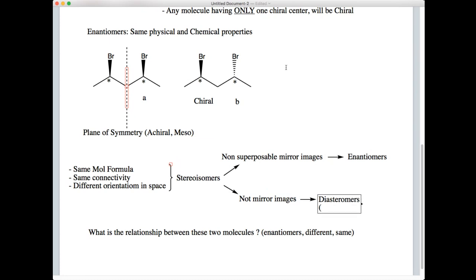So what's the point about this? Diastereomers have different physical and chemical properties. Whereas enantiomers have the same physical and chemical properties.